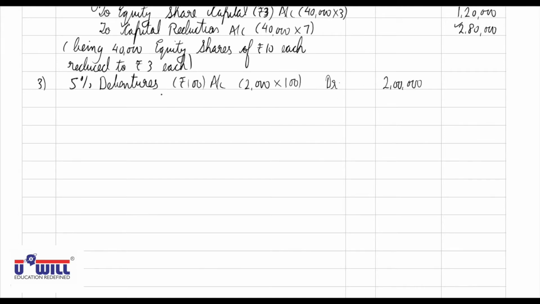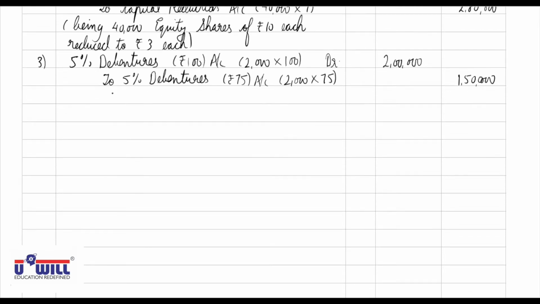Now new face value 75 rupees we will credit, so 6% debentures with new face value rupees 75 account, amount 2000 into 75, 1,50,000, and 25 rupees what they sacrifice will be transferred to capital reduction.